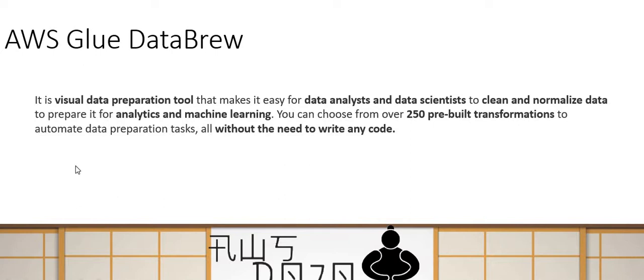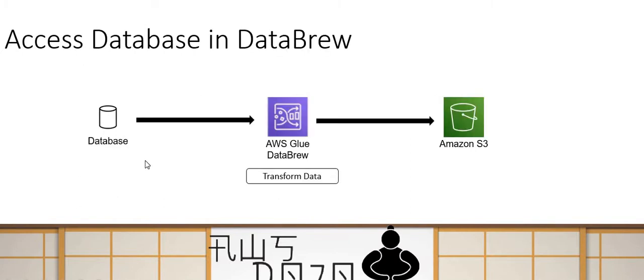Now, there are scenarios when you want to access data from your database using Glue DataBrew, and then you want to perform certain transformation on the data, and then you might say, hey, I want to have a copy of the data in the S3 bucket.